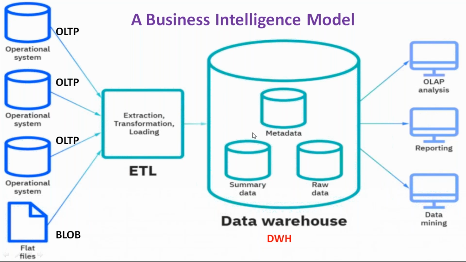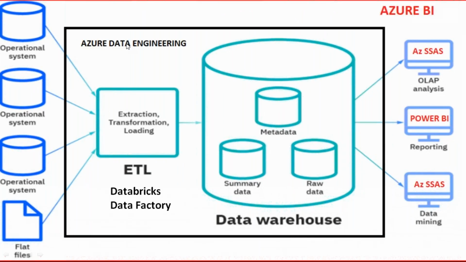From ETL comes data warehouse concepts. And our course is data engineering. This involves ETL, two great technologies to implement extract, transform, load activities: Data Factory and Databricks. One open source, Databricks, and Data Factory from Microsoft.